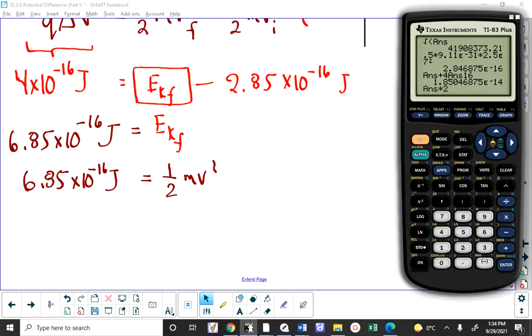Whoop, that's not right. I have to add 4 times 10 to the negative 16. So this is my energy. Times by 2, divide by the mass. Take the square root. You do have to hit equals after you divide by the mass. So 3.9 times 10 to the 7.